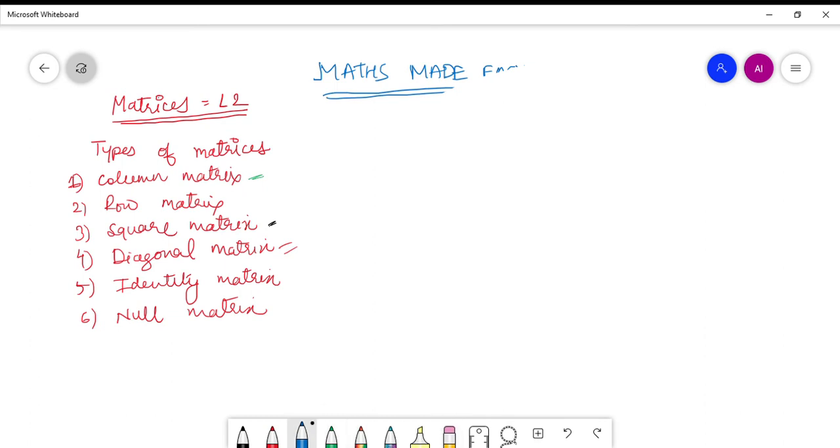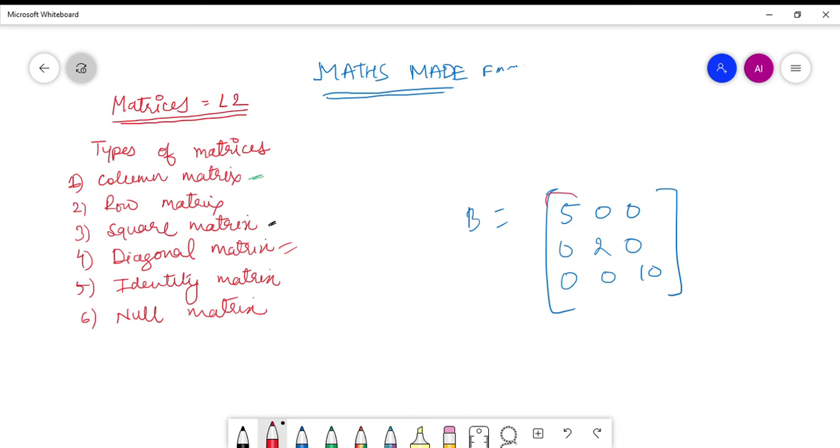Let's take matrix B: 5, 0, 0, 0, 2, 0, 0, 0, 10. If you see, only diagonal elements are present, all others are zeros. This is known as diagonal matrix.